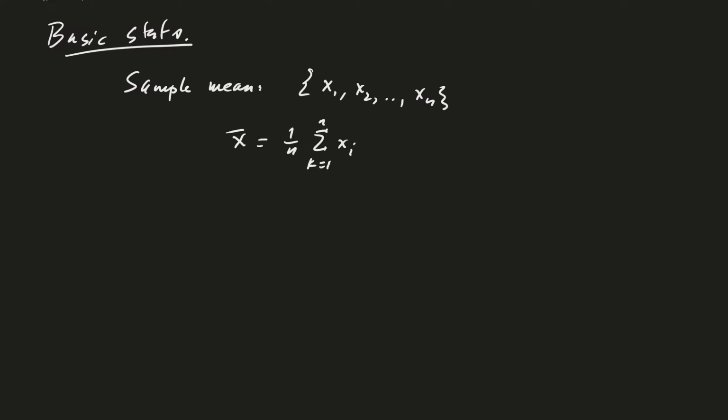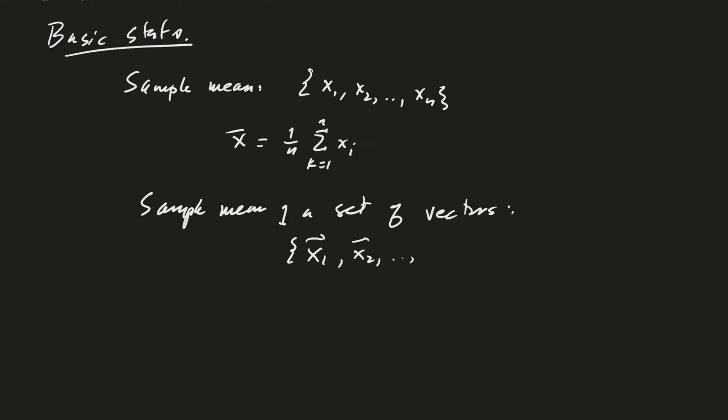Good. So if you have a set of vectors, you can also take the sample mean of a set of vectors. If I have x1 as a vector, x2 as a vector, down to xn as a vector, then the mean is another vector.